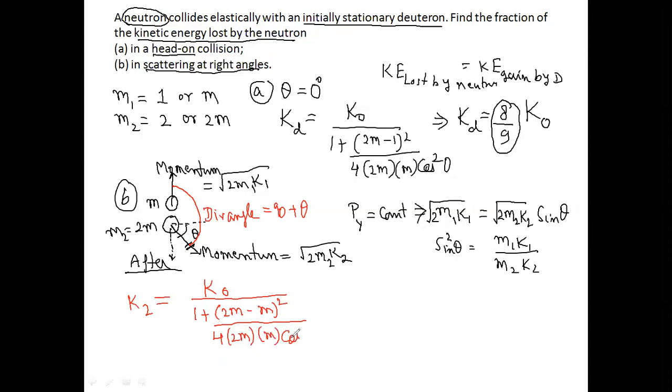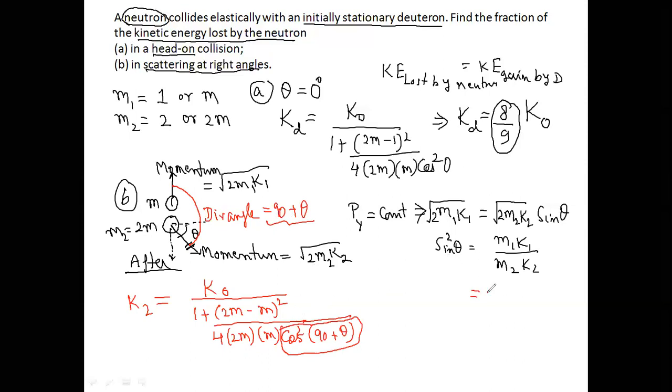But in that expression, theta was the divergence angle, and now my divergence angle is 90 plus theta. So I will write 90 plus theta, and this cosine square will become sine square theta.